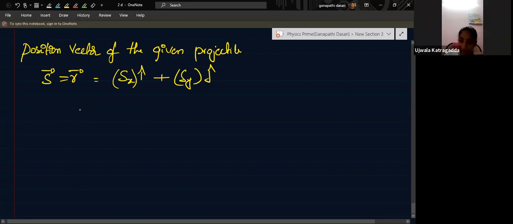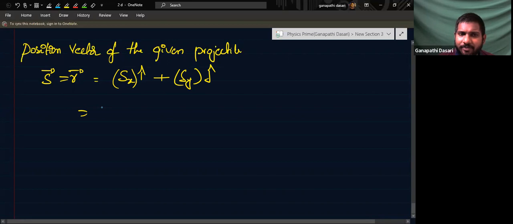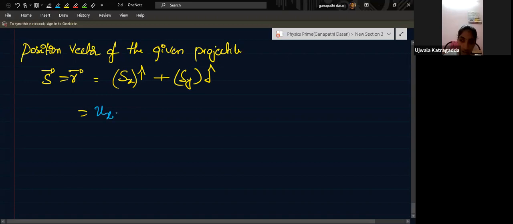What is the x-direction displacement? It can be written as ut plus half at square. A is 0 in the horizontal direction.